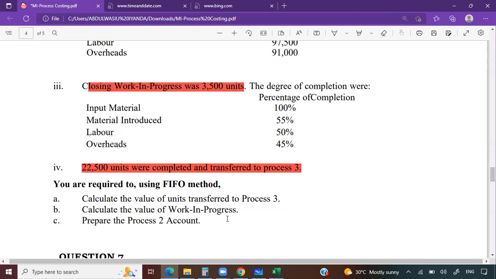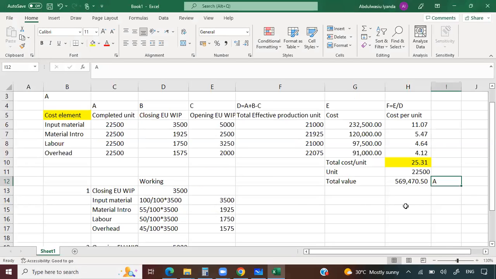Requirement A is now saying calculate the value of units transferred to process 3. So what was completed is this. Then this is the cost per unit. This is what we are asking. So the cost per unit, multiply by 22,500. It will give us this. Okay, all right, thank you.